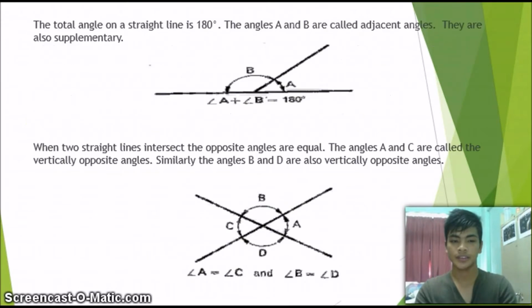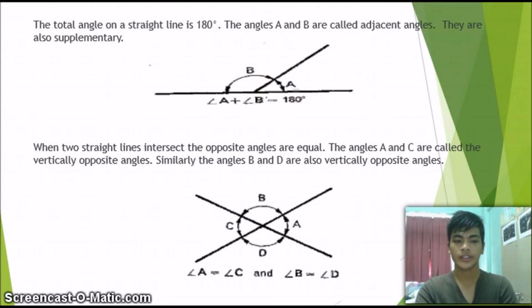Next, another situation I will explain to you is when the total angle on a straight line is 180. The angles A and B are called adjacent angles. They are also supplementary, which means angle A plus angle B is equal to 180.